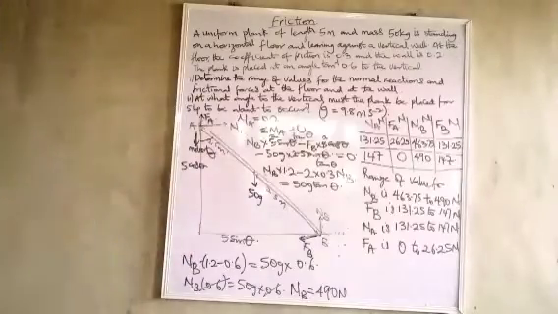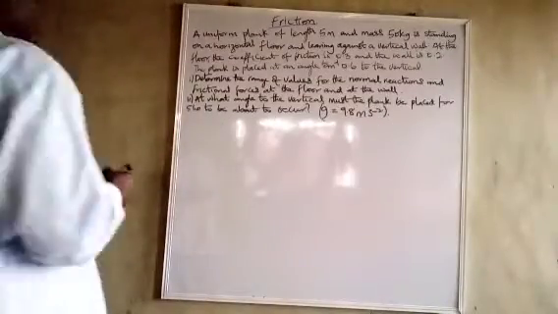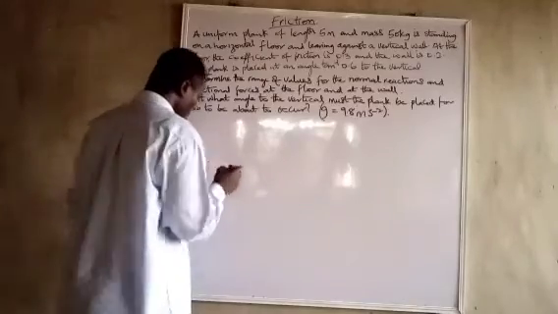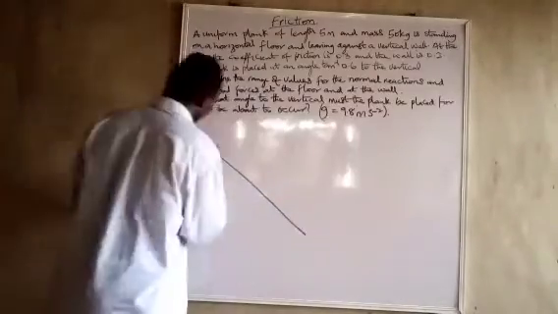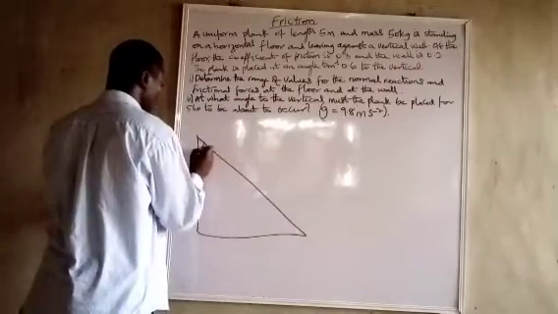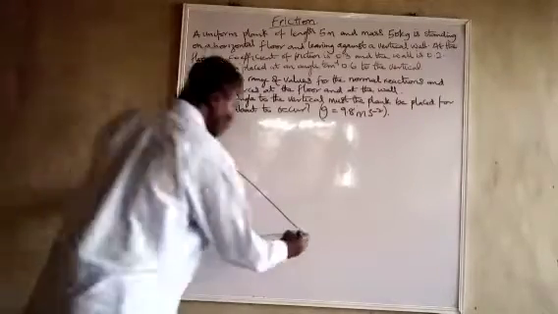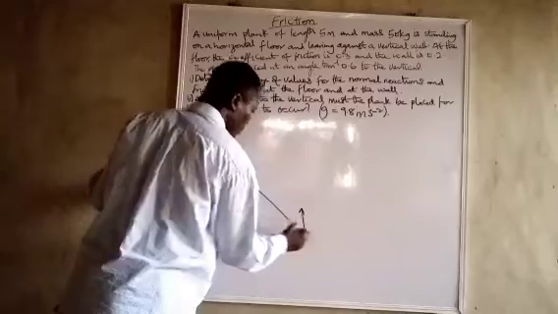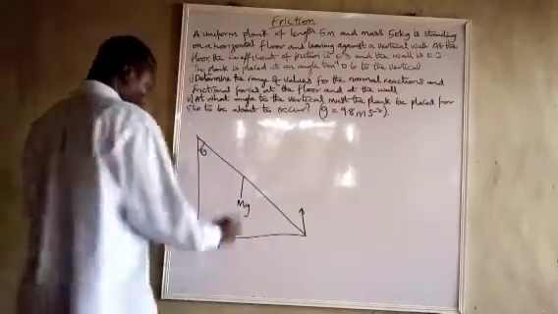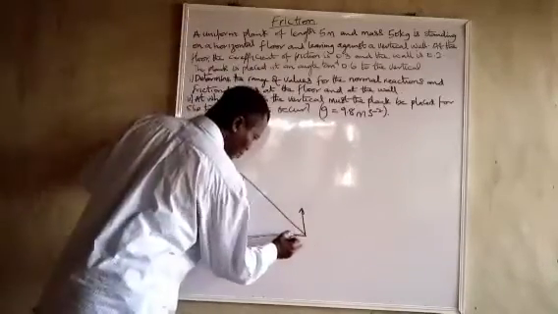Now let's see. This is just testing our knowledge of trigonometry. We have something like this, and you have theta. So we have the normal reaction here, we have mg here, and we have F like this.